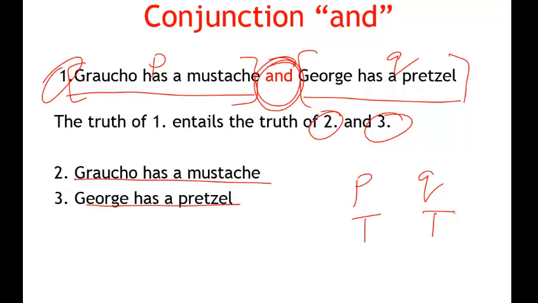George has a pretzel is true. We're not looking at the AND yet, we're just looking at the combinations. Let's look at the second case. This is the case where Groucho has a mustache, and George does not have a pretzel, or it's not the case that George has a pretzel. So here we'd have the false.